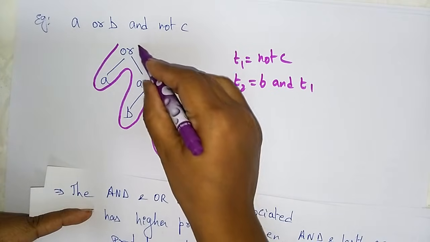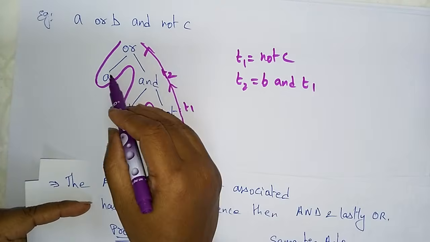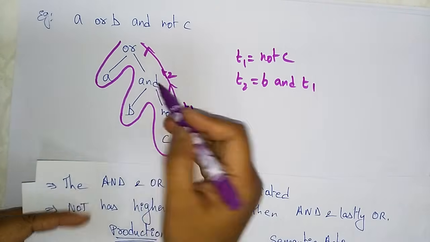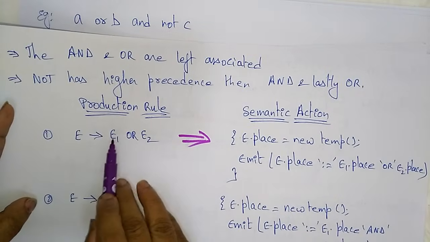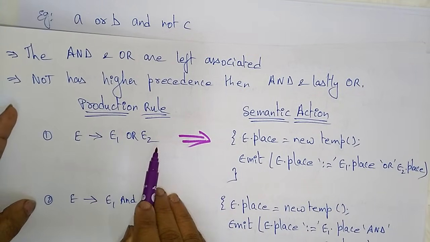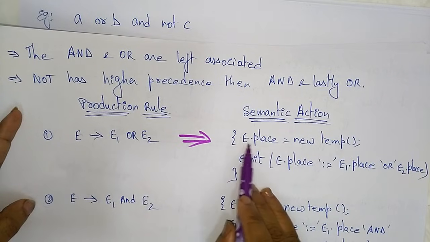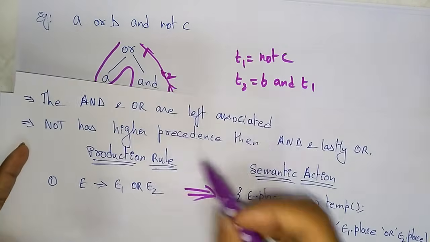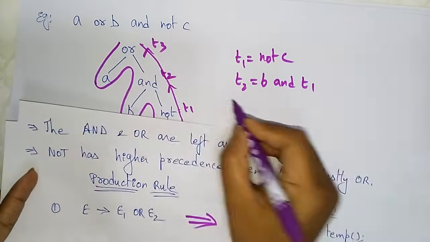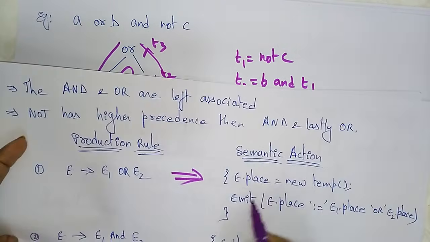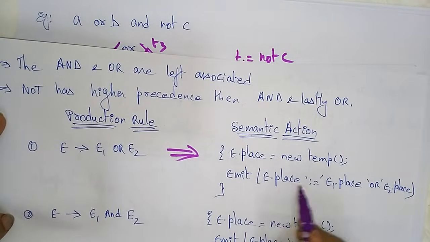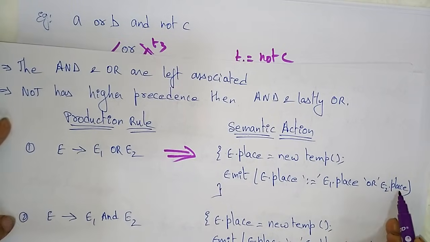Now coming to here, let's take A or T2. It is in the form of E1 or E2. So what is the action for this? Just take E dot place is equal to new temporary variable. Let's take T3. The T3 is equal to, what is the action it has to do? Emit E dot place is equal to E1 dot place or E2 dot place.